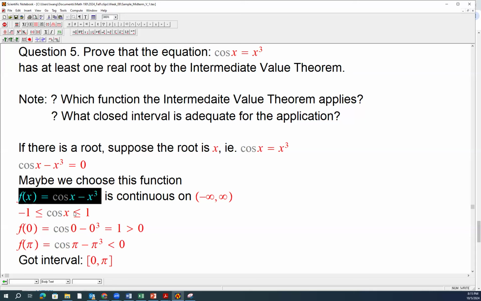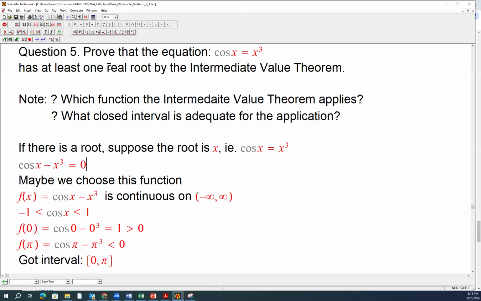Do we have to choose this function? Of course not. I can add plus 1. I can choose this other one as a function. It's just not equal to 0, it's going to be equal to 1. Why not? But making it equal to 0, finding a solution so that the function will be equal to 0, is like finding the x-intercepts.